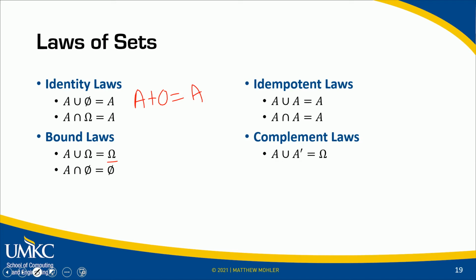So again, based on the definition really of A complement, that is, give me everything in omega, everything in the world that is not A. If I union that with A, then I'm left with everything. And the opposite is also true. If I say give me the intersection of A with its complement, that's equal to the empty set. Again, basically just saying the complement is everything that is not A. And so if it's everything that is not A, then there's nothing in common between A and A complement.